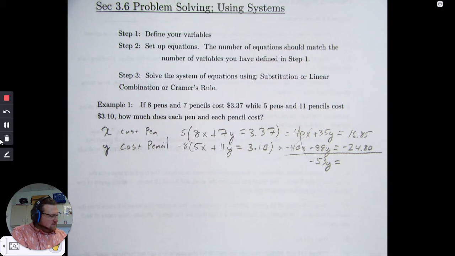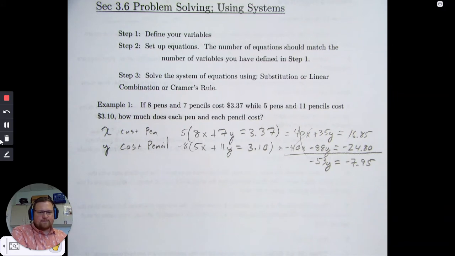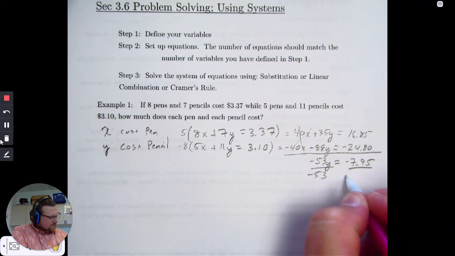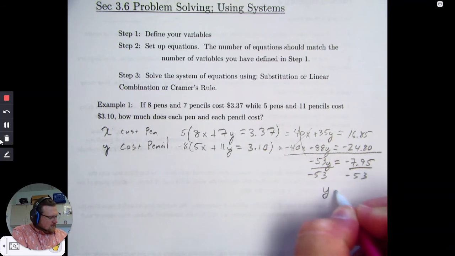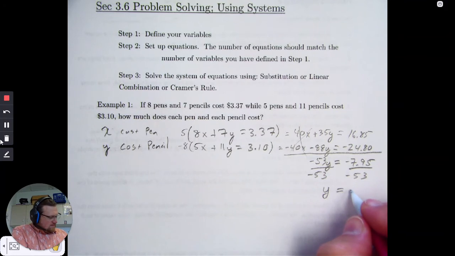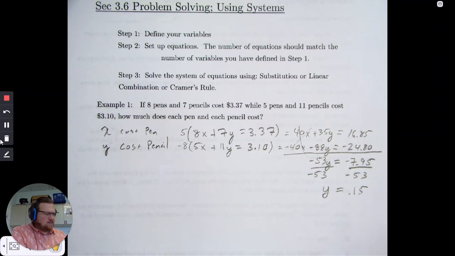So if I do the 1685 and I add to it a negative 2480, that gives me a negative 795. If I divide both sides by a negative 53, that gives me y equals $0.15, or 15 cents.